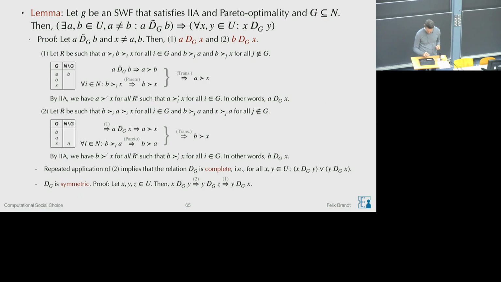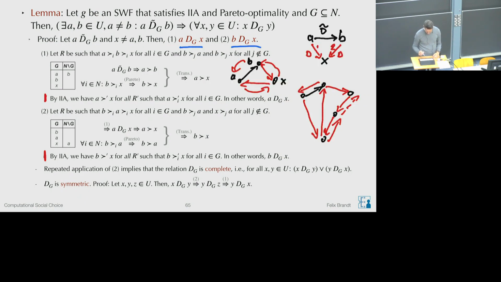Yeah, there was one thing that I wanted to mention, which I didn't mention yet, because that is useful for the homework exercise. If you notice carefully, we have used Pareto optimality, we have used IIA, and we have used transitivity at one point, or at 2 points. So here we use transitivity in the very same way, but notice that quasi-transitivity is already sufficient here.